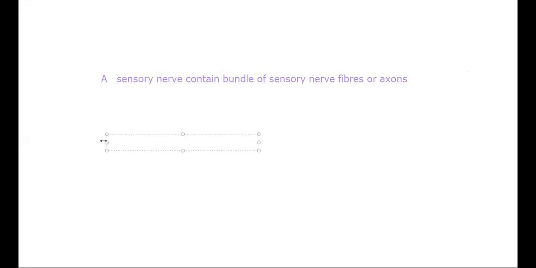Okay. Next. A motor nerve contains a bundle of motor nerve fibers. Nerve means bundle of axons. As we said in the case of muscle and muscle fiber, a bundle of muscle fibers is called a fascicle and a bundle of fascicles is called a muscle.